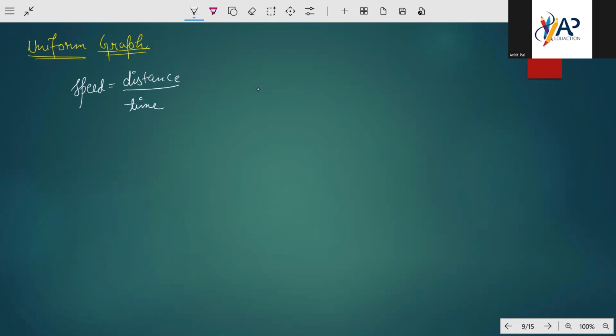It means if we draw the graph, this is the x-axis and this is the y-axis. On the x-axis we write time and on the y-axis we write distance.